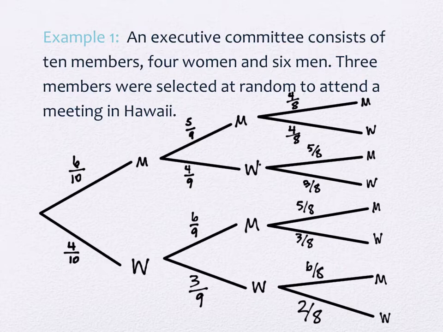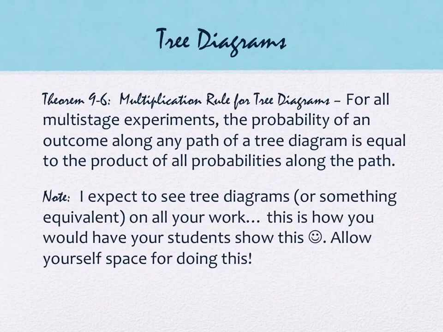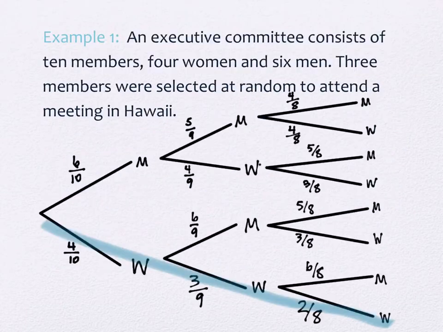I'm going to highlight it. This is the only tree branch that gives me 3 women going to Hawaii, correct? And the multiplication theorem said that what I need to do to find those probabilities is multiply the individual probabilities together. So I need to multiply 4/10, 3/9, and 2/8.